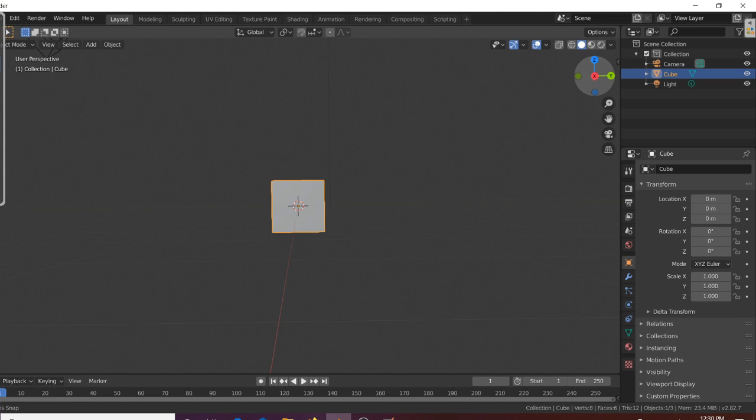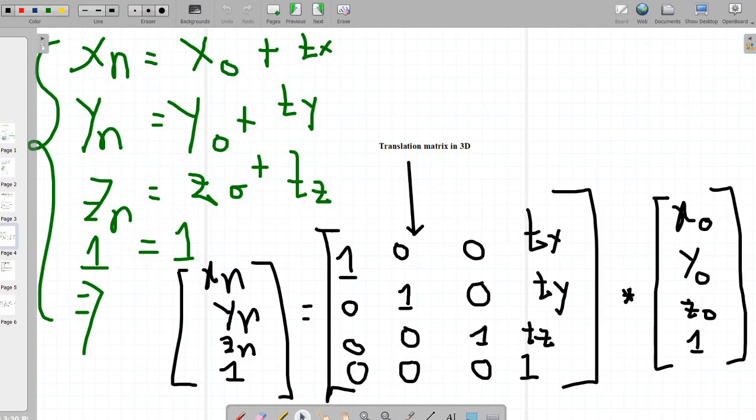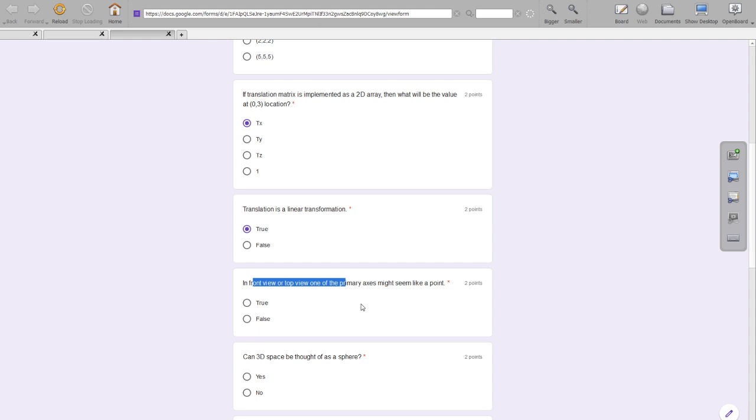Now one of the primary axes, that is the x-axis in this case, you can see in the axis system that it looks more like a point rather than a line. So yes, it might seem like a point. So the answer is true.